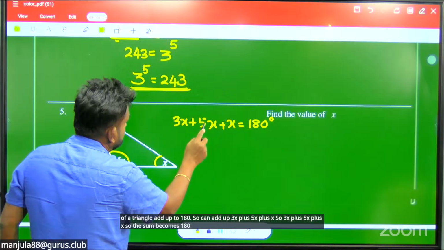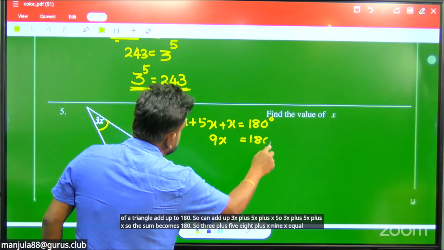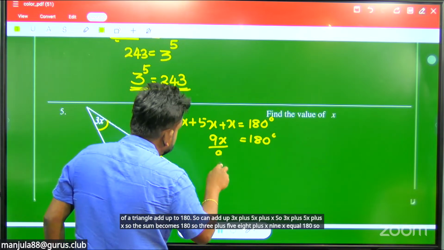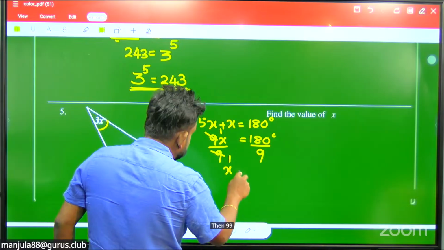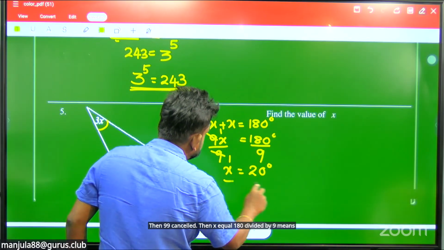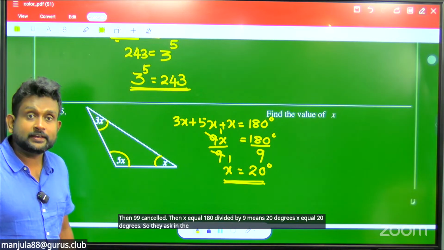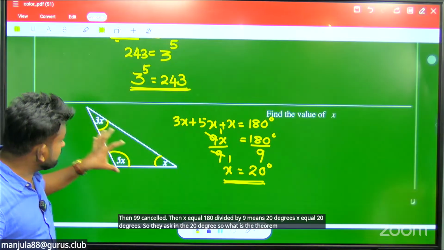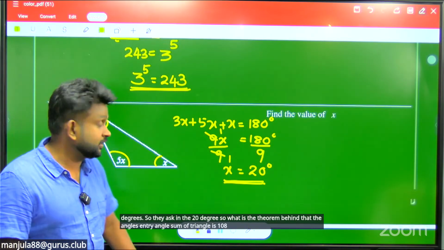So 3 plus 5 is 8, plus x, 9x equals 180. Just divide both sides by 9. Then 9 cancelled, x equals 180 divided by 9, which means 20 degrees. So what is the theorem behind that? The interior angle sum of a triangle is 180. Okay, right.